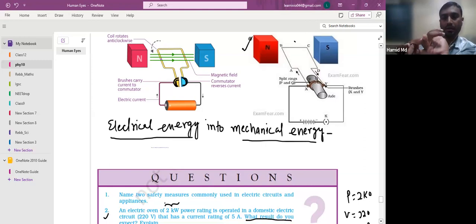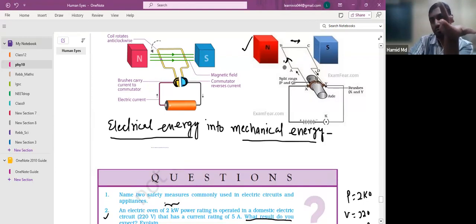So the current, the middle finger, is going inside, right? Because current is going like this. So this is inside, and this finger is along the direction of magnetic field, this side. So we see that the force is in the downward direction, right?